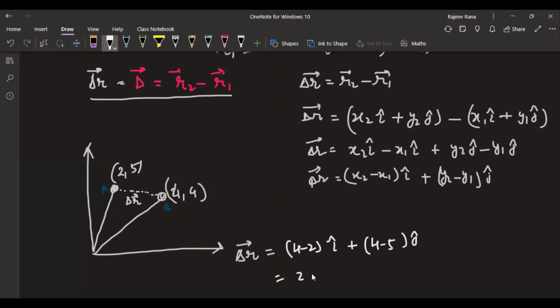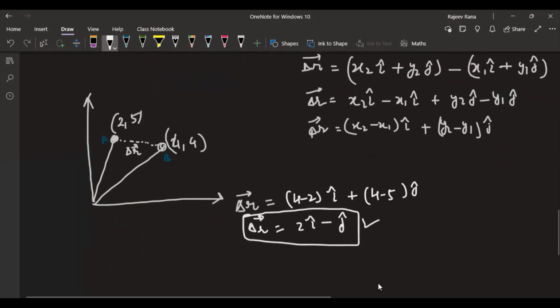So it is 2 I cap minus 1 j cap, and the 1 we will not mention. So 2 I cap minus j cap is the displacement vector. Got it?